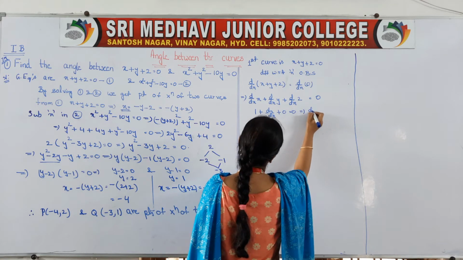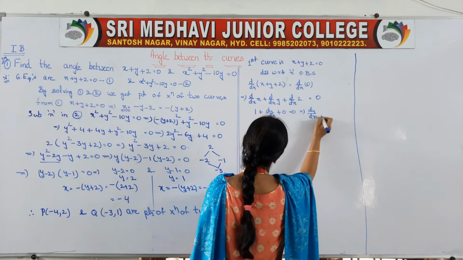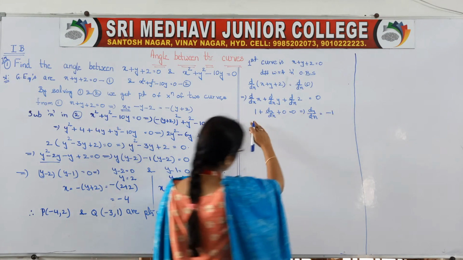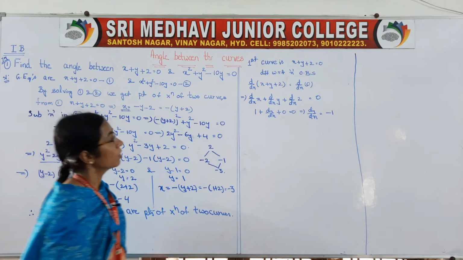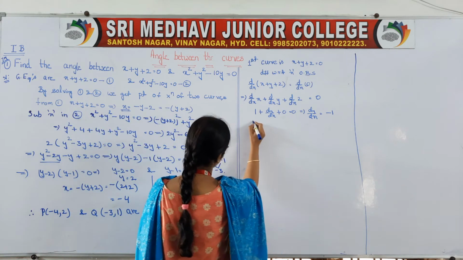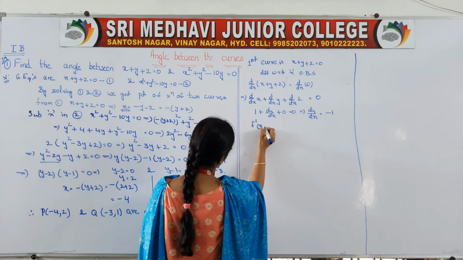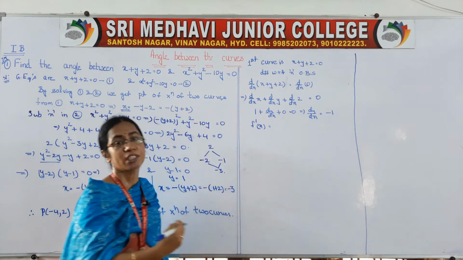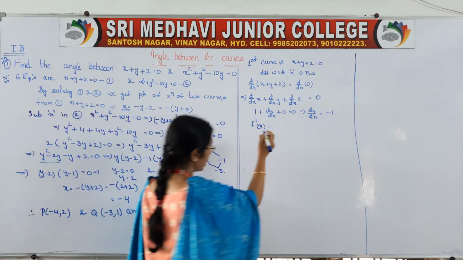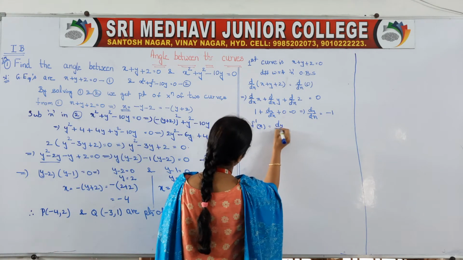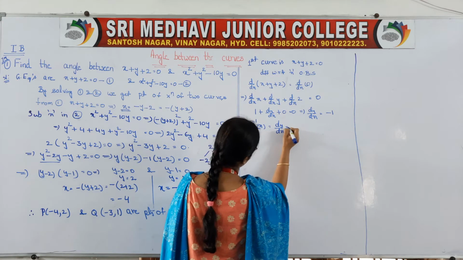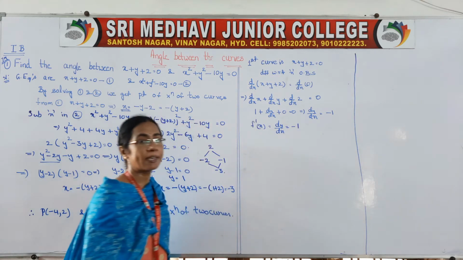So what is your dy by dx? It is equal to minus 1, sending 1 to that side. Okay, so we will consider this as f dash x. Suppose f of x is the first curve, its derivative is dy by dx is equal to minus 1.